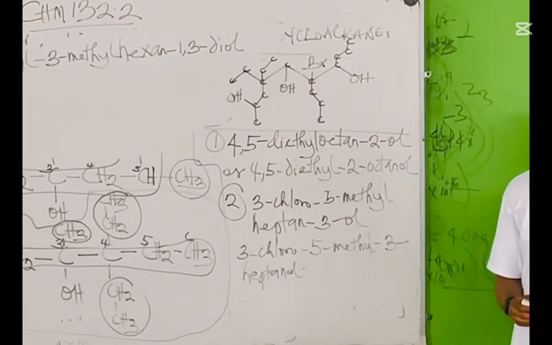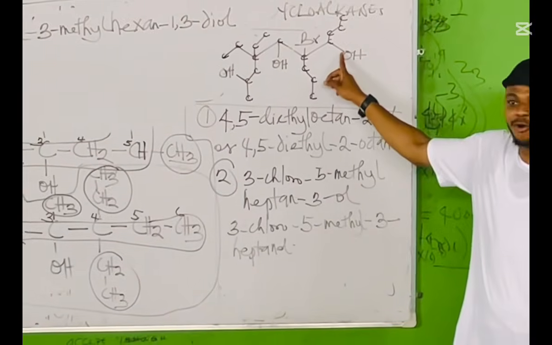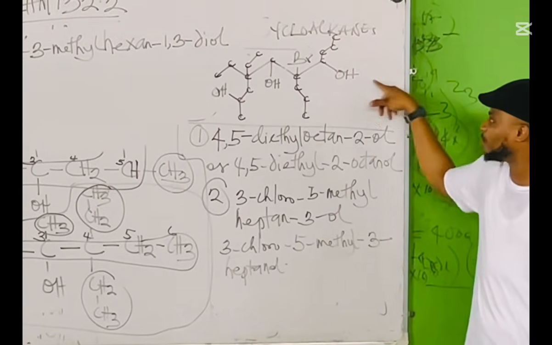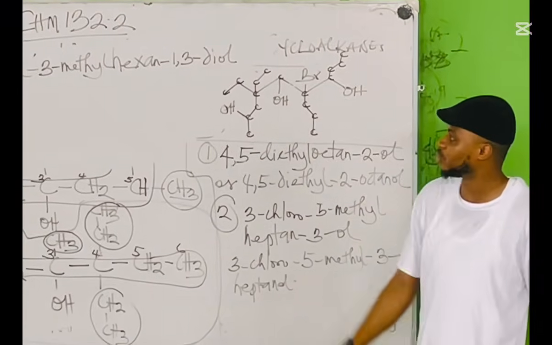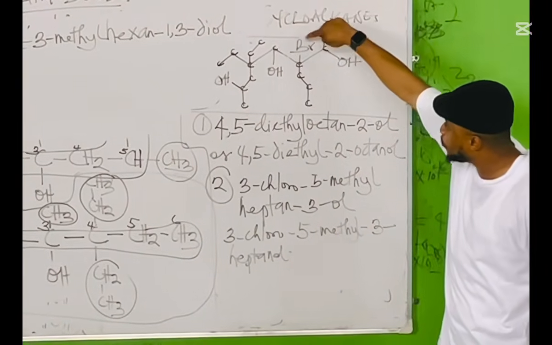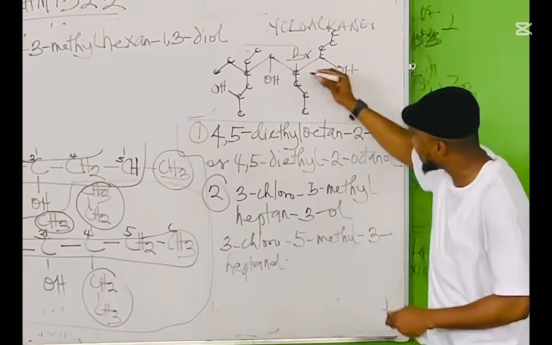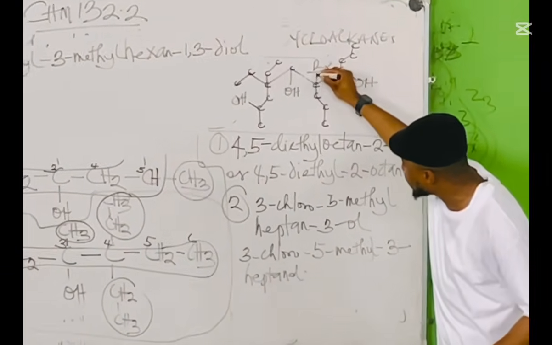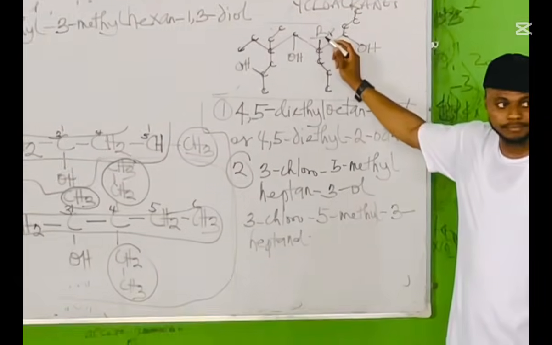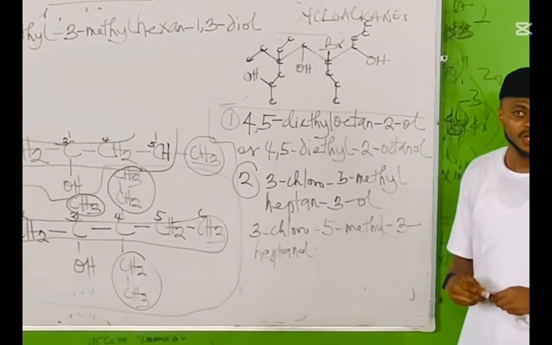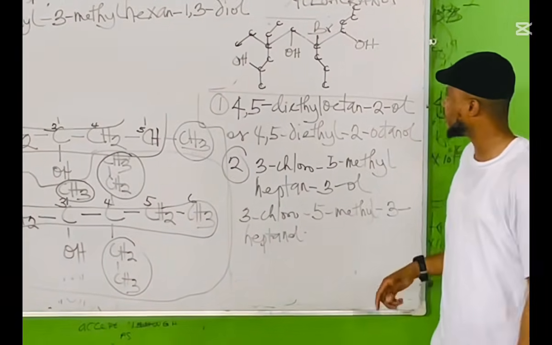Right? Is there carbon here for OH? This is the bond that is bonding to OH. This is the bond bonding to OH. This is the bond bonding to OH. This is the bond bonding to bromo. It is here that we have the carbon. There is no carbon here. This is the bromine bond. Is that clear? So let us get the longest chain.